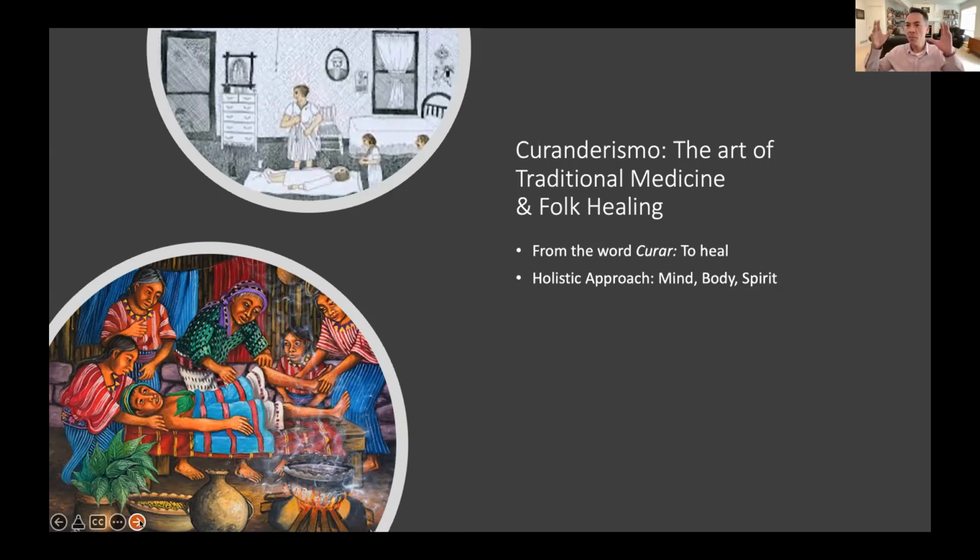And if no biological reason could be found through testing, MRIs, operations, then this person was not sick. But what has happened is that now we're moving towards a biopsychosocial model, where we realize that illness is more than just biological. It could be a spiritual illness, an emotional illness, and there could be other social determinants of health that can affect someone's health.